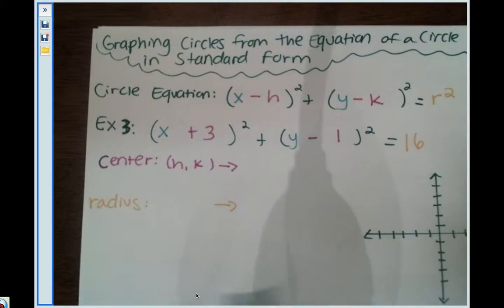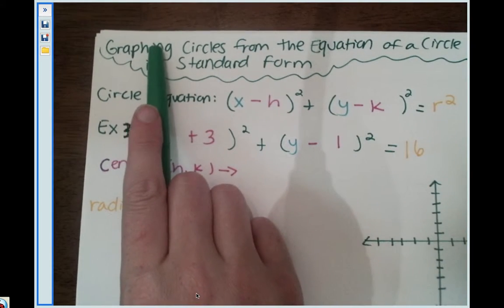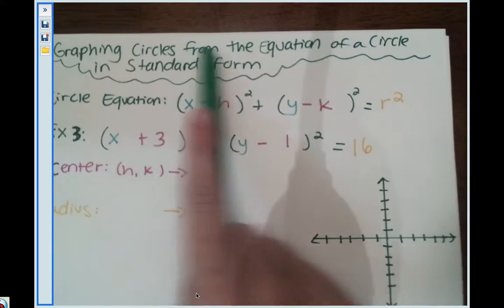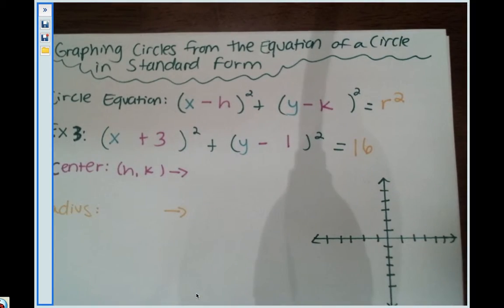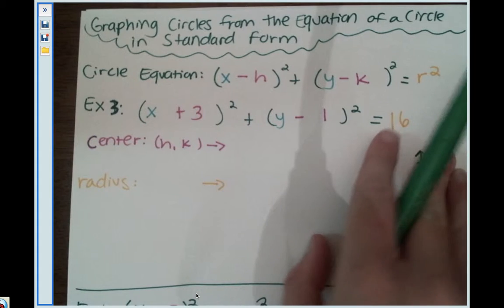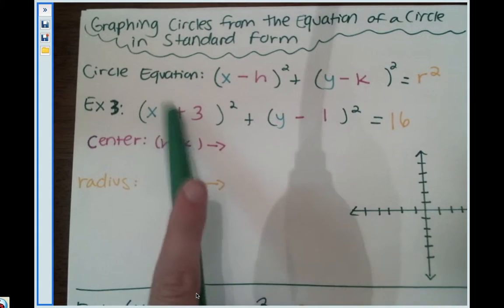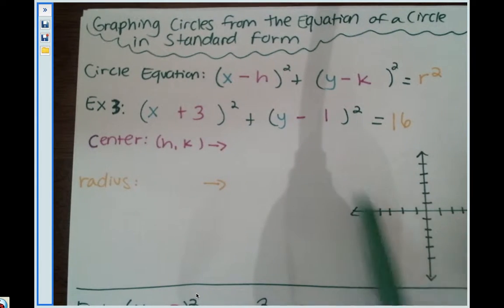Okay, so we have a circle equation in standard form, and what we're going to be doing is graphing circles from the equation of the circle in standard form. This is the standard form, and we're going to use pieces of the equation to help us graph.